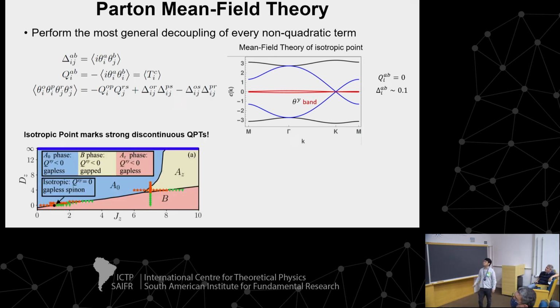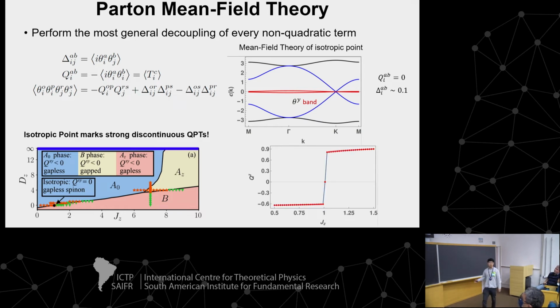This point turns out to be very important because it marks discontinuous quantum phase transitions, as can be seen by, for example, just slightly varying the value of the JZ coupling constant and keeping everything else constant. We see that the value of the QXY order parameter goes from 0 to something large by just a small variation of it.